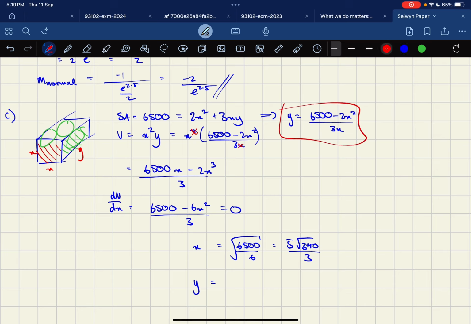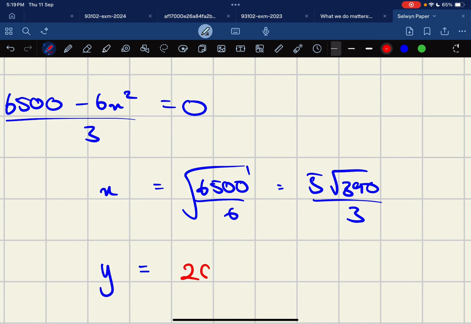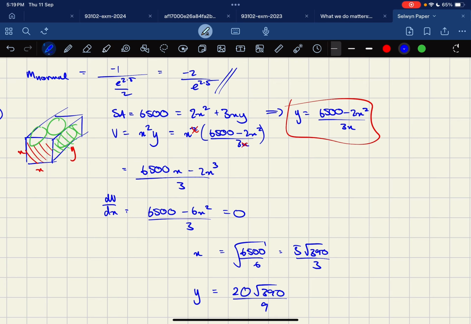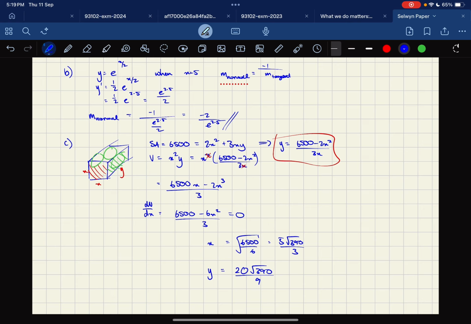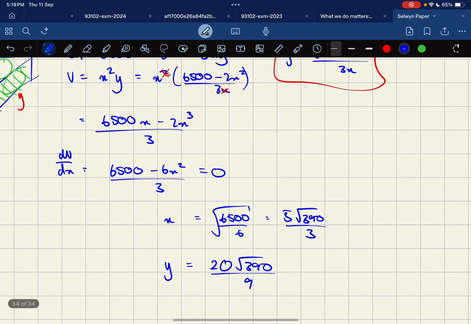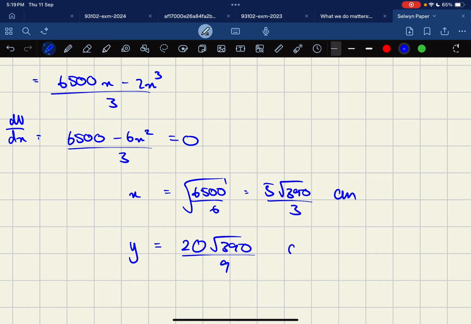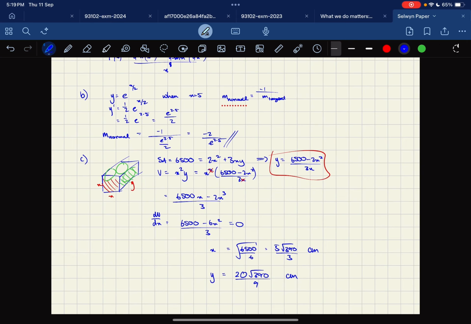So then 6,500 minus 2 times this answer squared, and then divided by 3 times this answer, and that gives you 20 root 390 over 9. And you should probably put in units as well. So this is centimeters, and that is centimeters as well. And that's your answer.